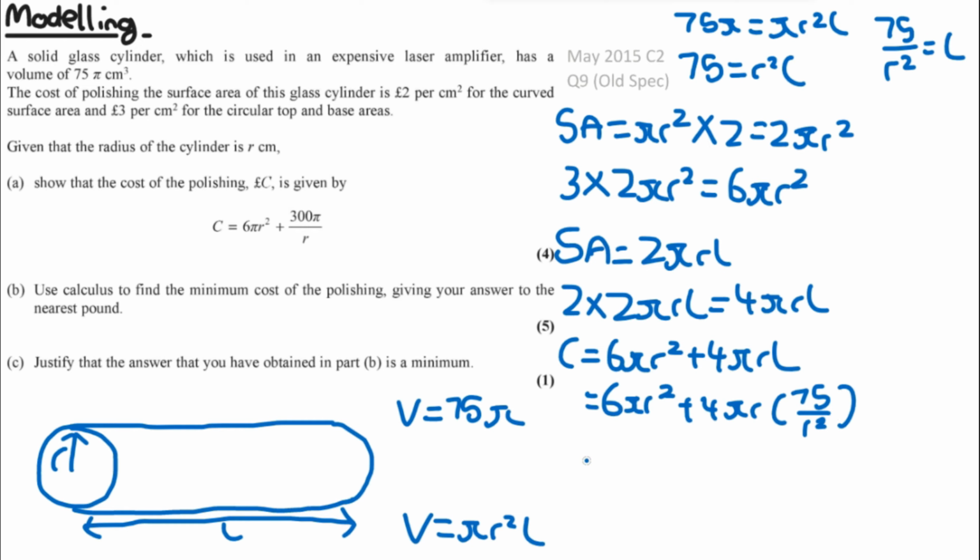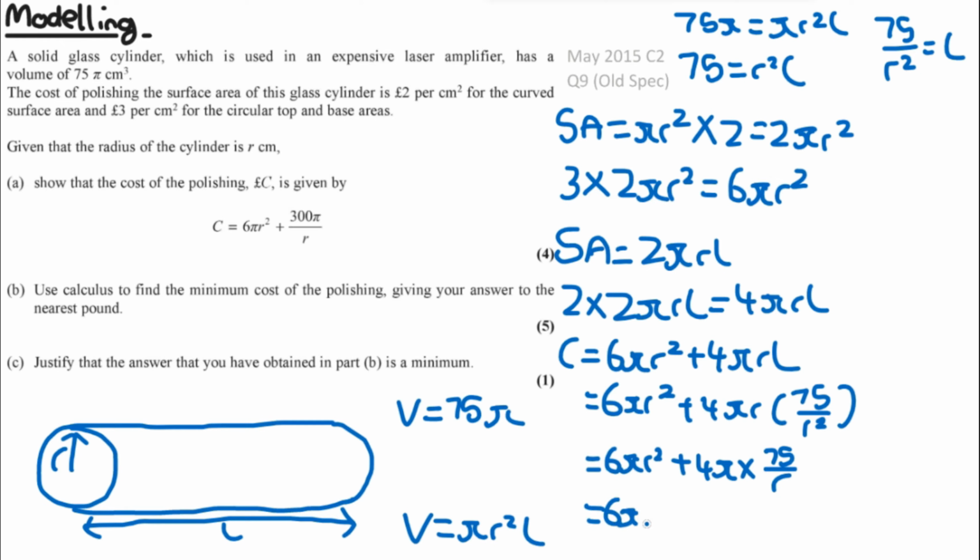We can simplify this, and this is going to be equal to 6 pi r squared, and it's r here and then r squared in the denominator, so if you times these there's just going to be an r in the denominator, so it's going to be plus 4 pi times 75 over r, because this r is going to cancel out with this r to give 1r in the denominator.